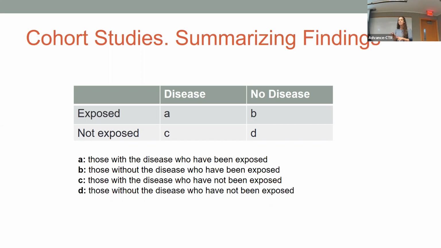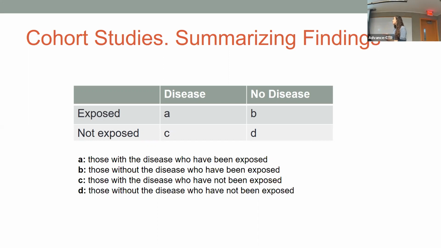But that's a little bit hand wavy, so we're going to discuss some measures of association that help us quantify that information better in future slides. This is actually a 2x2 table, and it's very commonly used in epidemiology to summarize the results of a cohort study, a case control study, and I think also a randomized control trial. They can be helpful because they allow you to capture this information.